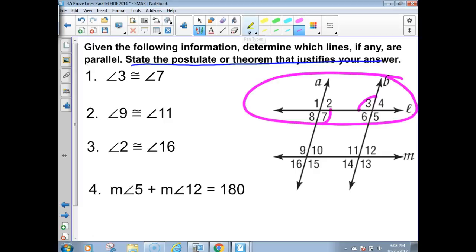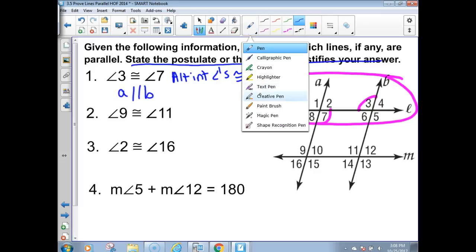So the postulate would be if alternate interior angles are congruent, then we get parallel lines. And what lines would be parallel? A parallel to B.